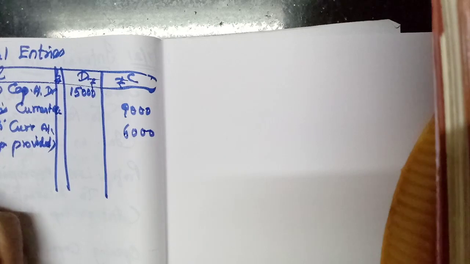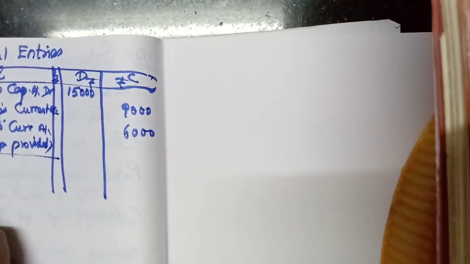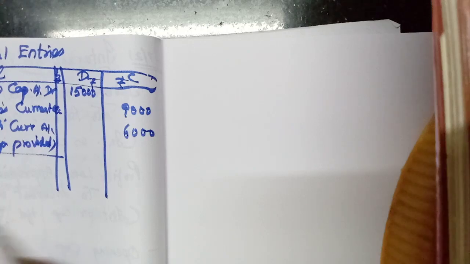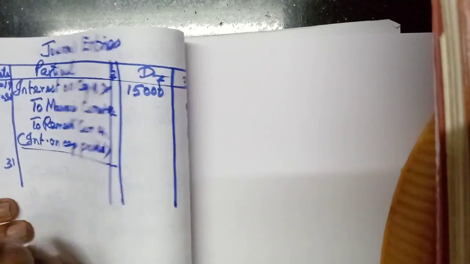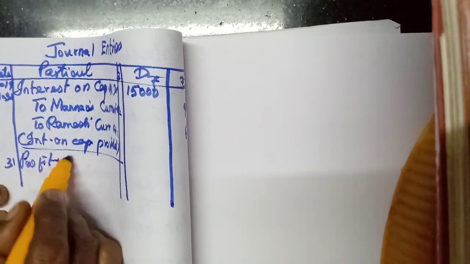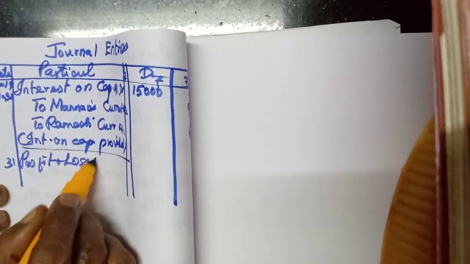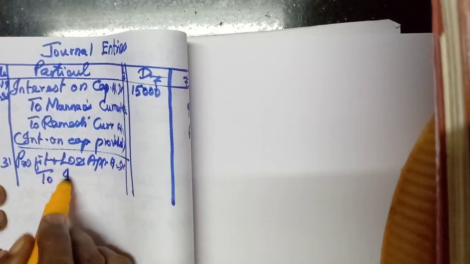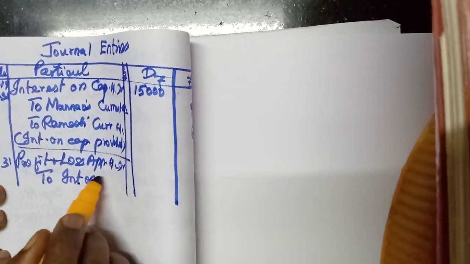One entry over. Now second entry, the same date. Transferring to profit and loss appropriation account. So what should be debited? Profit and loss appropriation account debtor to interest on capital account.